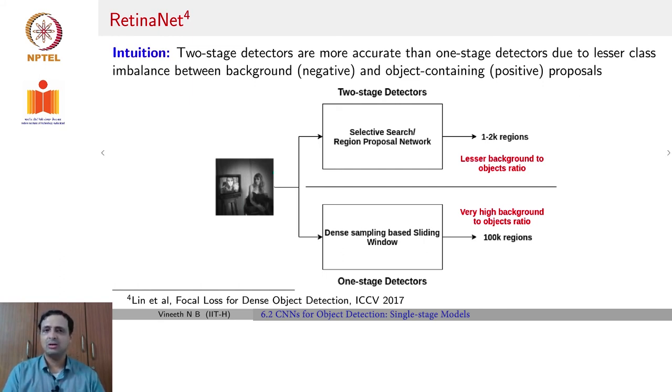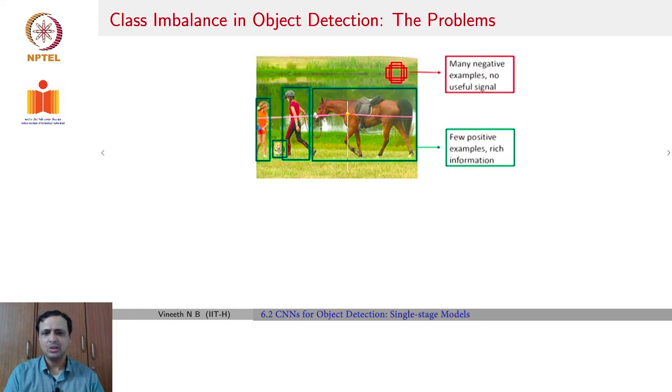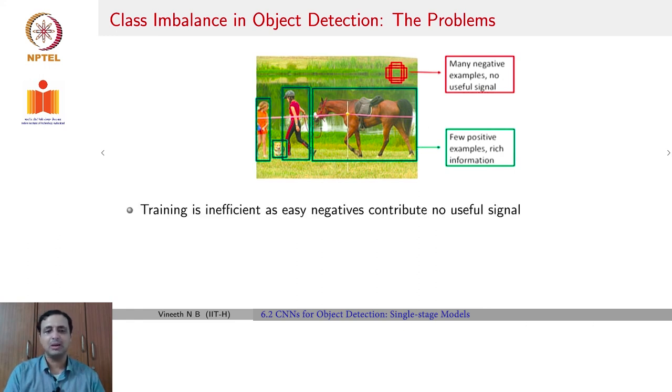So how do we address this imbalance between negative or background classes and the actual positive classes? Whenever you have such an issue where there are many negative examples which really don't help the model, and there are only a few positive examples, training could become inefficient because the easy negatives are not really giving any useful signal.